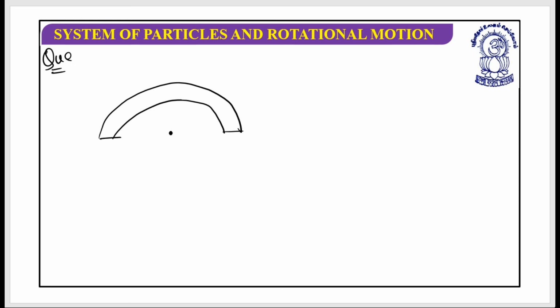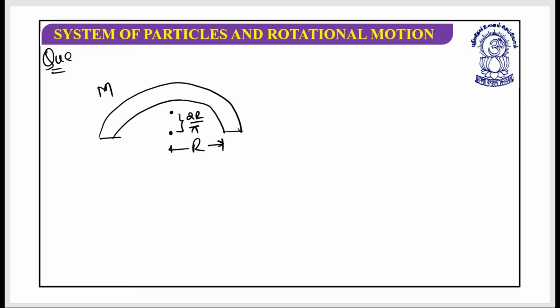So this is the center. This is R. The center of mass of this semicircular ring would be over here, and this distance is 2r by 5, that we must know. If you don't know, don't worry, just remember this.